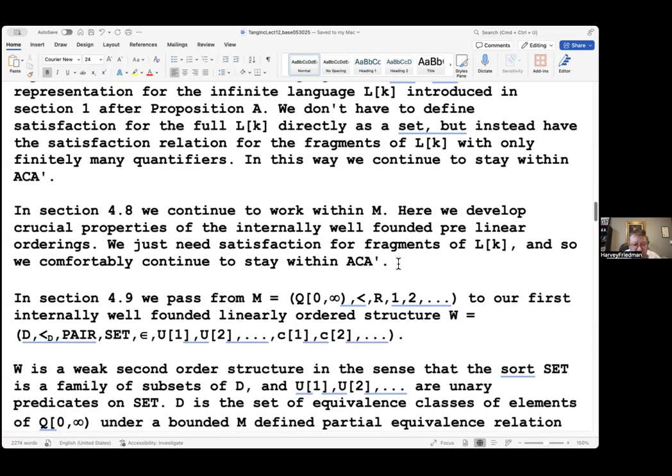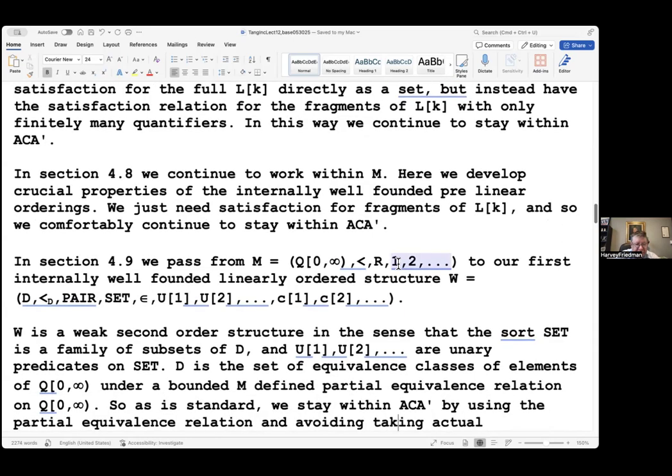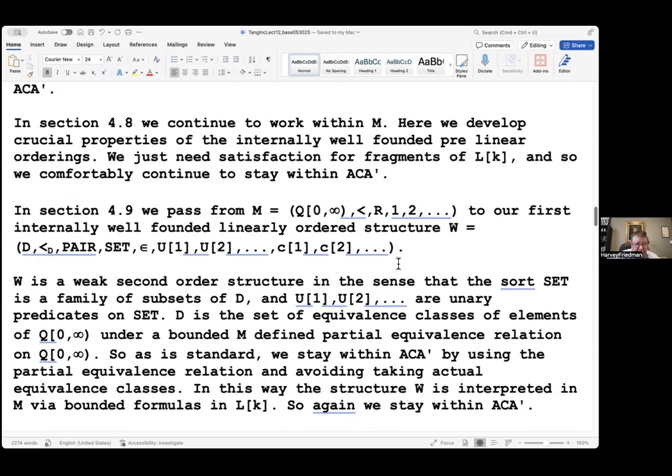In section 4.9, we pass from M to our first internally well-founded linearly ordered structure, W. Now, this is a weak second order structure in the sense that the sort set is a family of subsets of D, and U1, U2 are unary predicates on set.